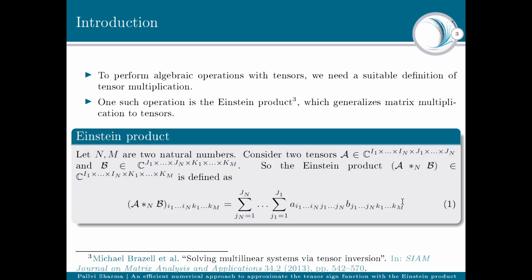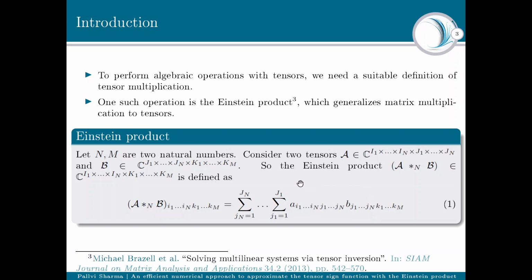First operation, that is tensor multiplication. There are different types of tensor products. One such product is Einstein product, which generalizes the matrix multiplication to tensors. So if we consider two tensors A and B, here order of tensor A is n and B is nth order tensor, then Einstein product A star B is defined as this equation number one.